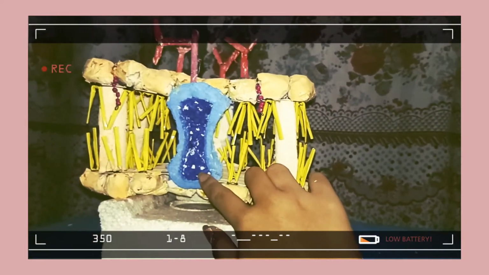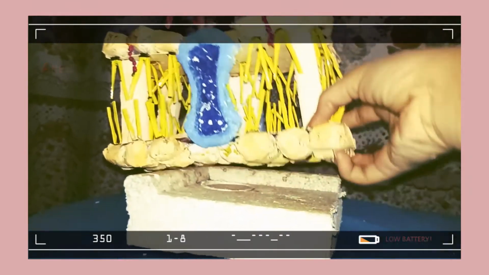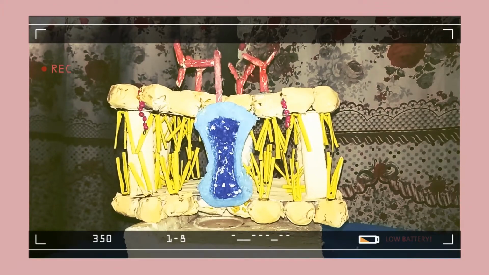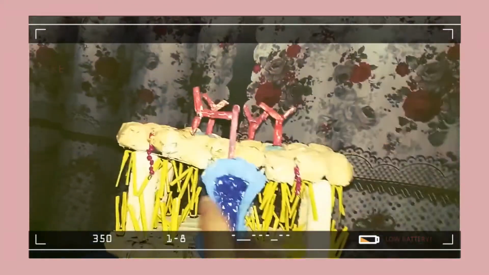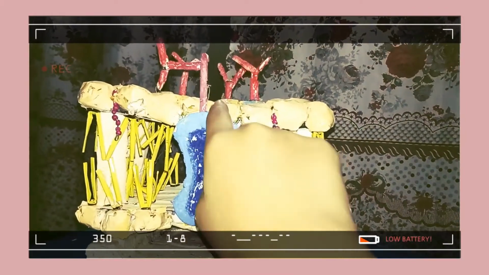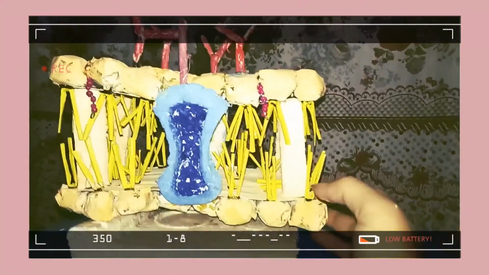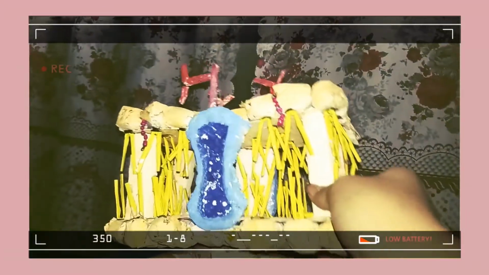And the peripheral membrane protein can be found here, the green one under it. The main difference of the two main types of proteins: the integral or the transmembrane proteins go all the way through the bilayer, while the peripheral proteins are only attached to one side and sometimes to the integral protein.